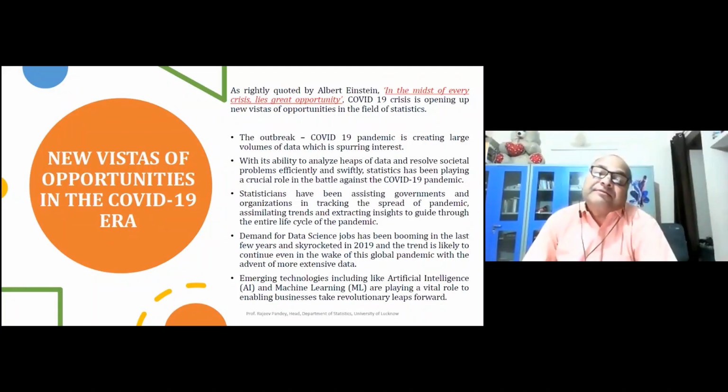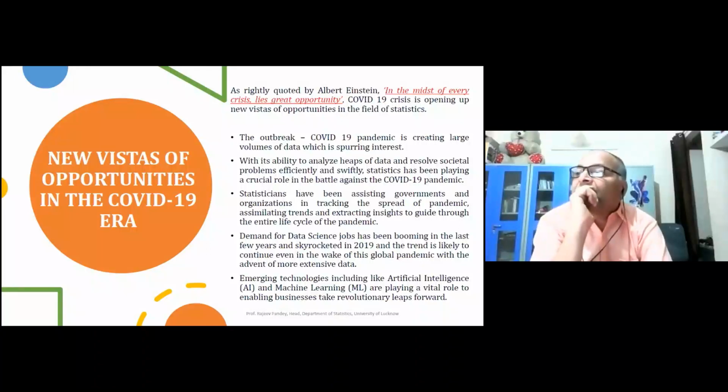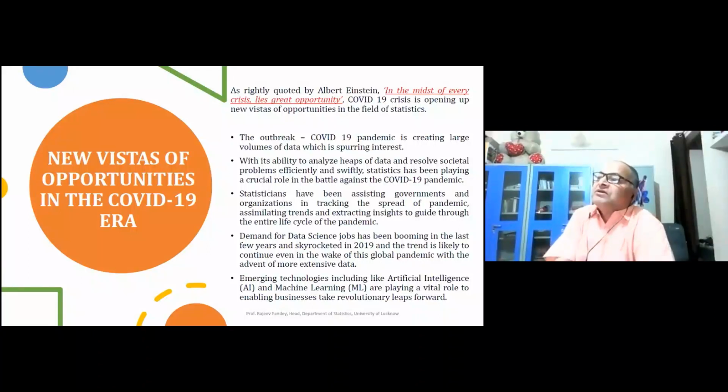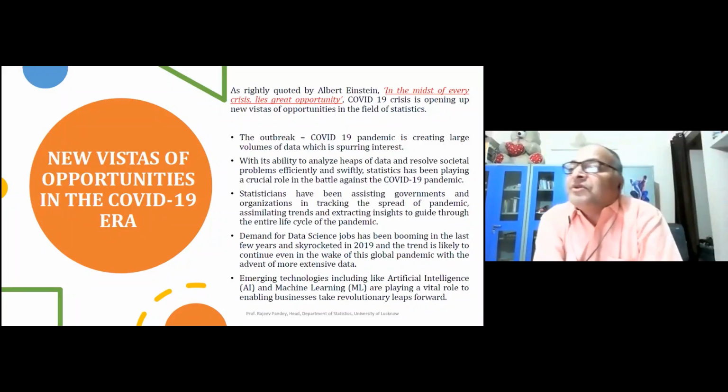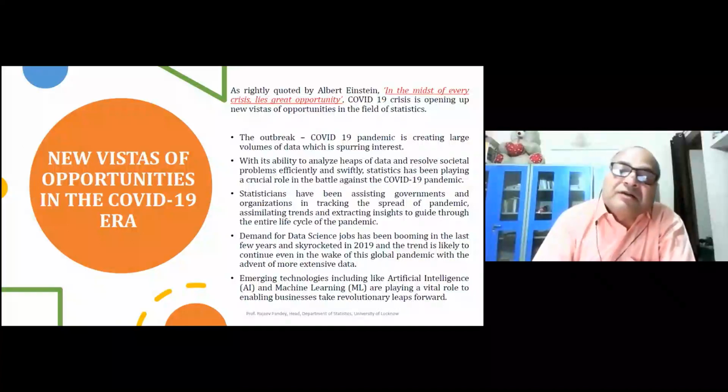The good news is the demand for data science skills. As rightly quoted by Albert Einstein, in the midst of every crisis lies great opportunity. The COVID-19 crisis is opening up new vistas of opportunities in the data science domain.